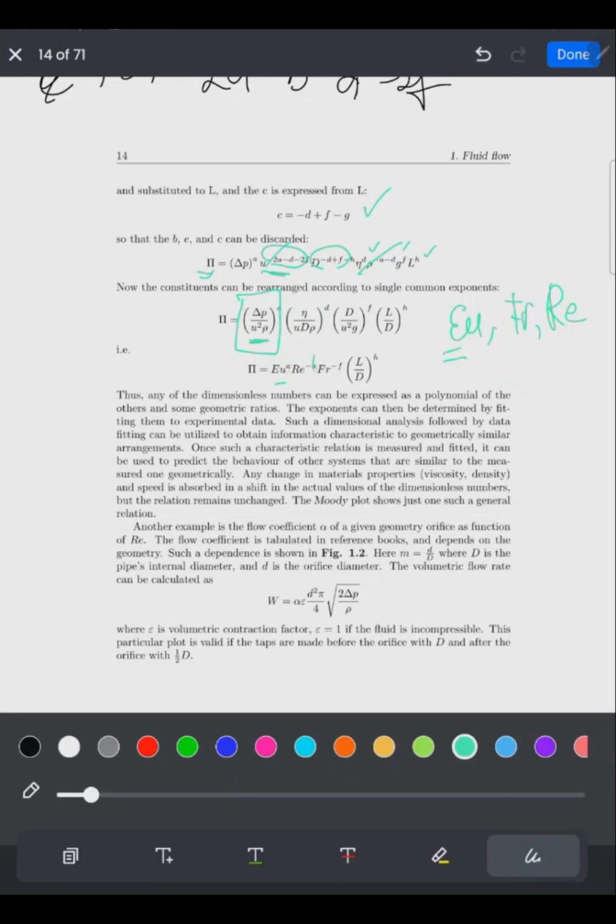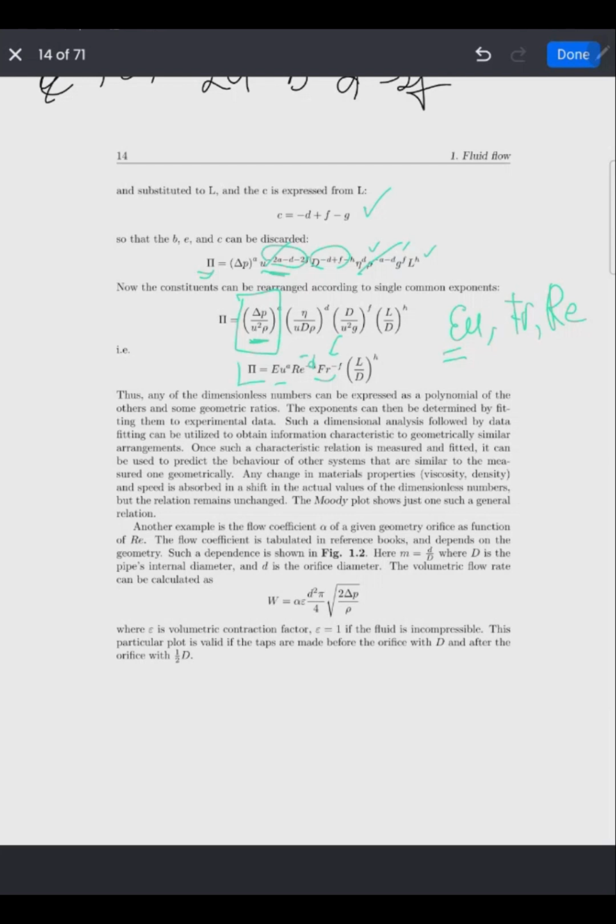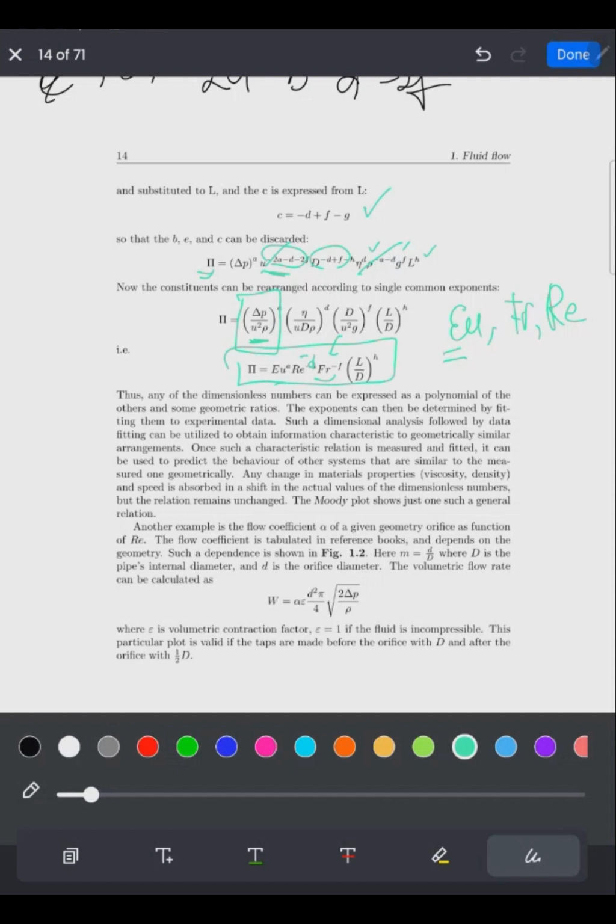So B will be equal to, just from this equation, or you may also find it with L, but it will take a long time, I would say. And E is equal to, for example, minus A, subtracting just D.